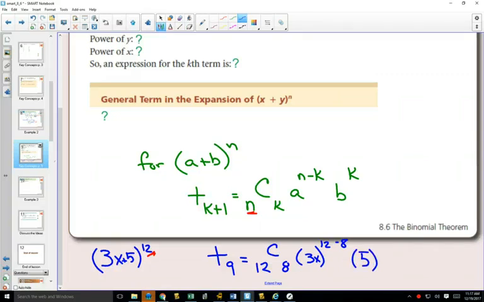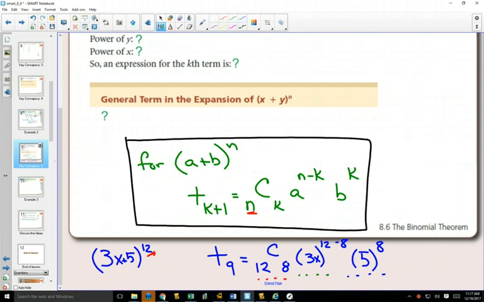In this case, it's 5 to the power 8. And then you simplify each of these things separately, and then we'll take one extra step to combine them. And this is the formula on your formula sheet, how it works.